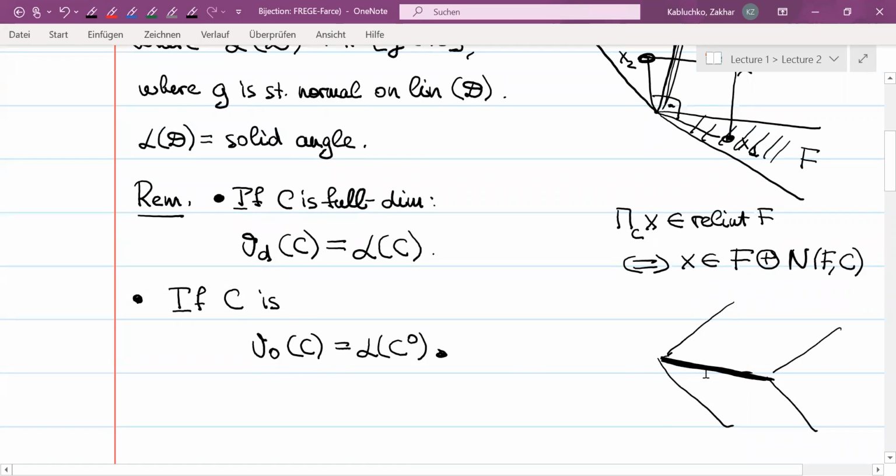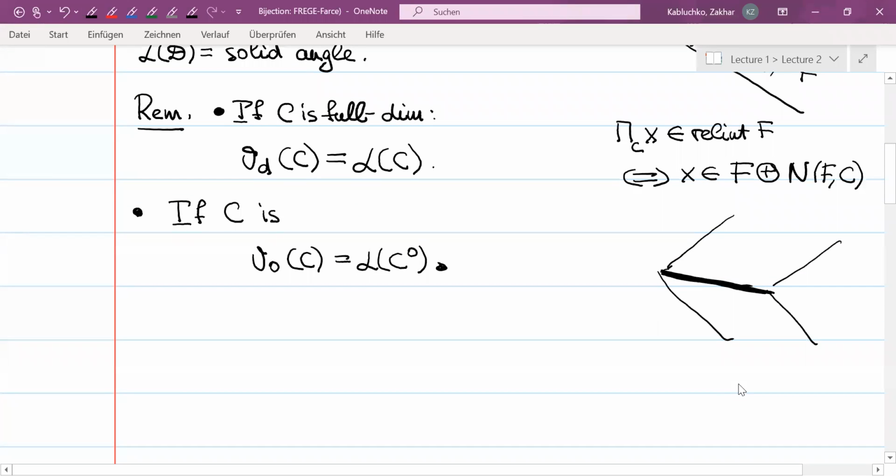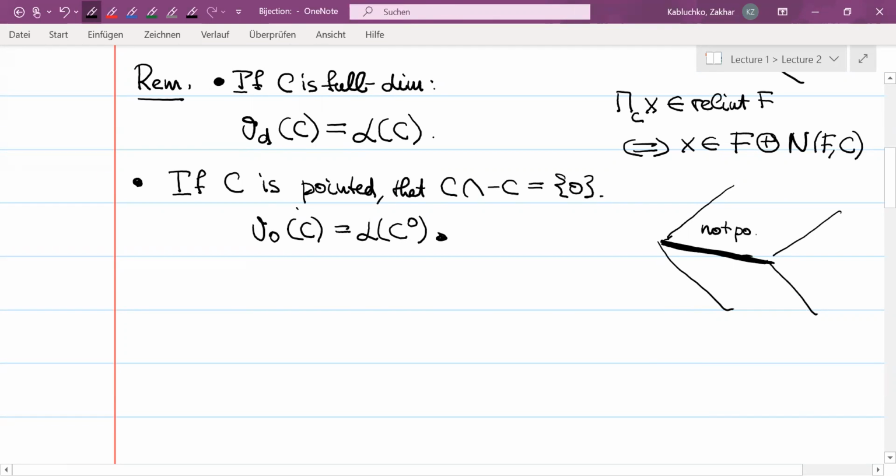There are just one-dimensional or more. So in order for this formula to hold, C should be pointed. That is, C intersected with minus C should be zero. So this cone is not pointed, because here we have this line, both in C and in minus C. It passes through the origin. The origin is in C, of course.